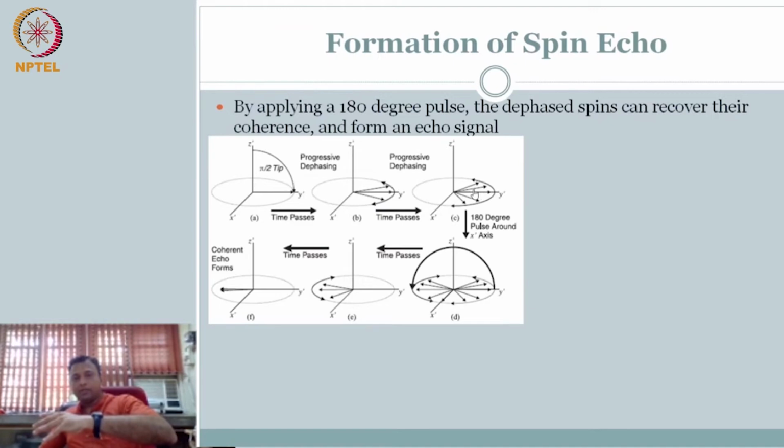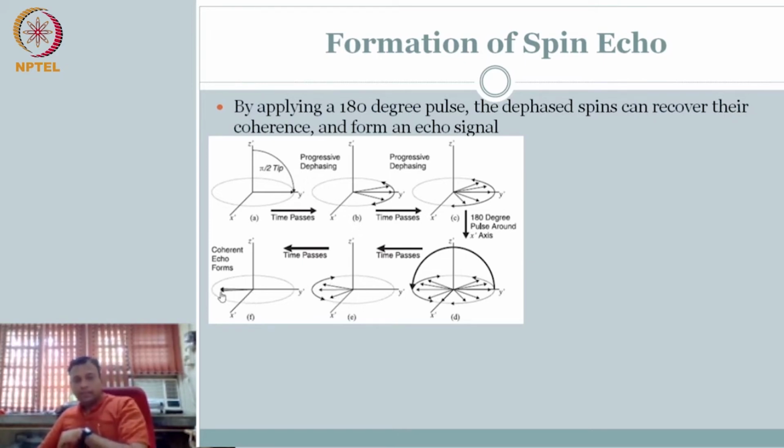But some time after that, you apply another pulse, a 180-degree pulse. It is going to move it to the other direction. So when it goes to the other direction, what happens? The slower one tries to become fast, the faster one becomes slow, so it is trying to catch up. So it is trying to come together, and therefore you are going to have some coherence again.